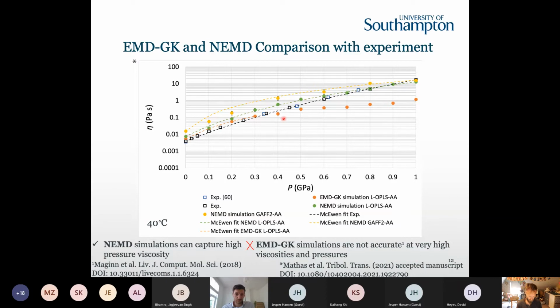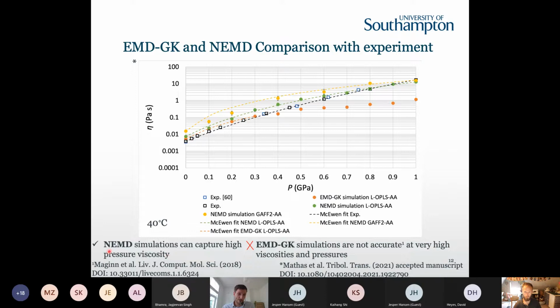What we see is that after around 0.4 gigapascal, EMD fails to obtain the experimental value of viscosity, and this is because of the autocorrelation function not decaying as the molecular relaxation time increases dramatically, so the ACF does not converge. The NEMD method performs much better, while the general Amber force field does not perform as well as L-OPLS.